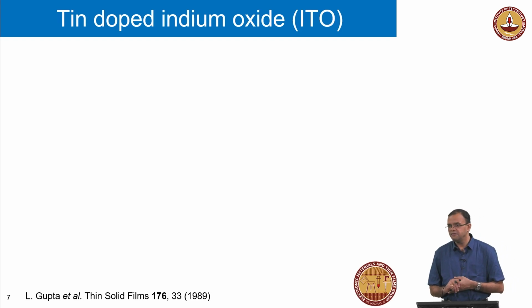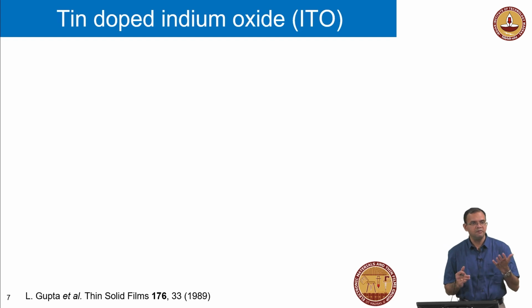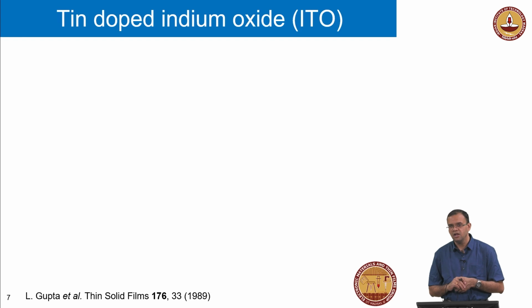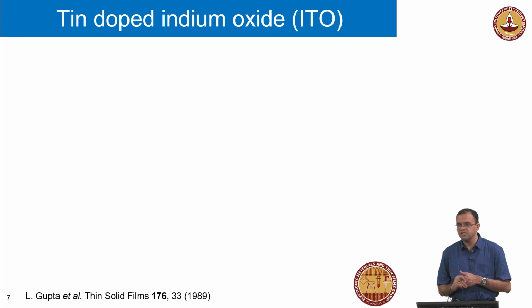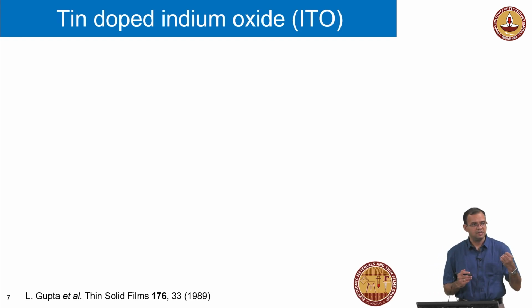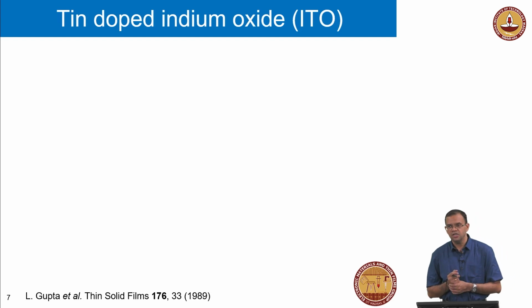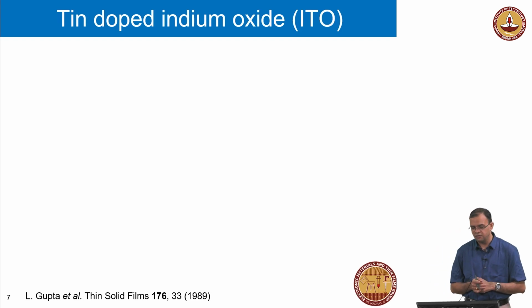We can create defects to some extent, especially when we talked about zinc oxide, we talked about oxygen vacancies and so forth. But if you want really high conductivity, you need to add some other material to your oxide. So doping is usually the more preferred route in order to improve the electrical conductivity of the semiconductor.